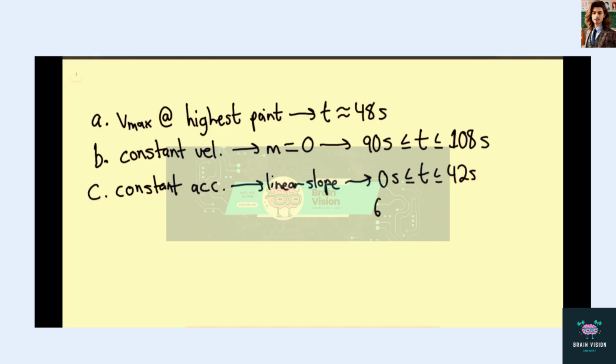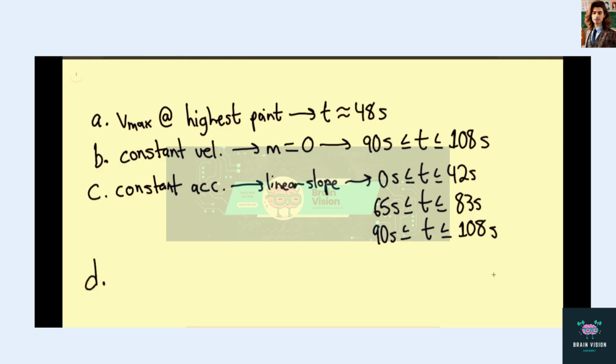We have from 65 seconds to 83 seconds. And then we have from 90 seconds to, again, 108 seconds. So a constant acceleration could also mean a 0 acceleration as long as the acceleration itself isn't changing. So that's why the answer to B is also an answer to C.